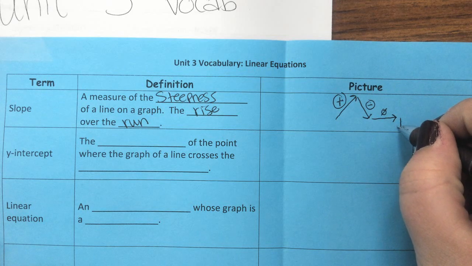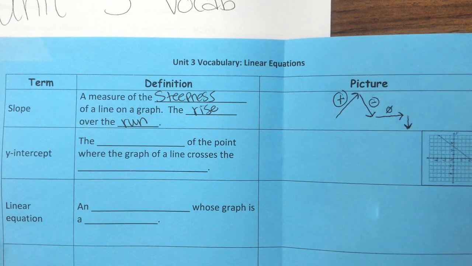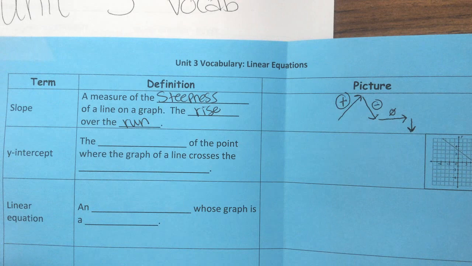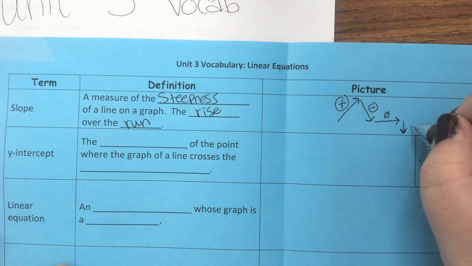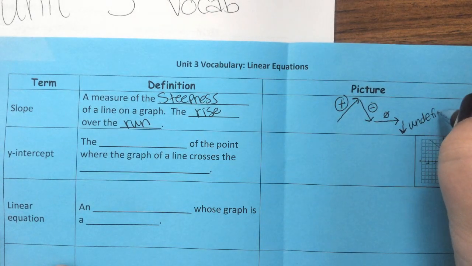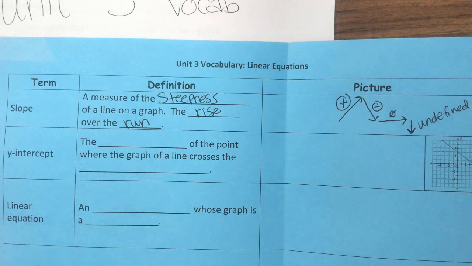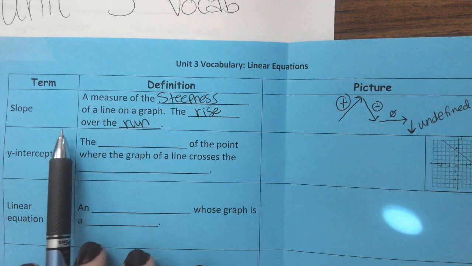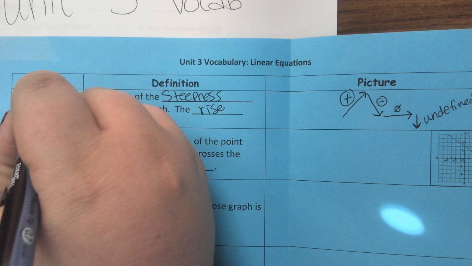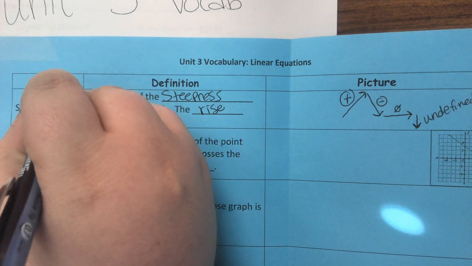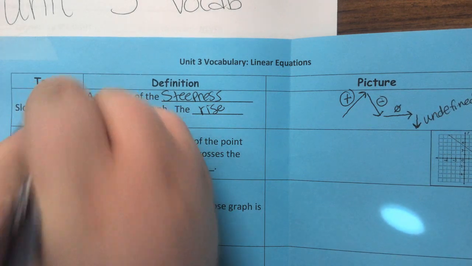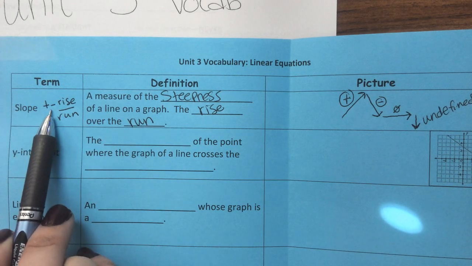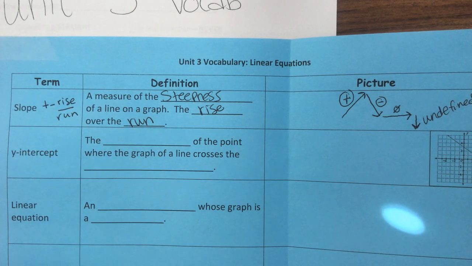And when he falls down the cliff, so frightened is he that he says the worst curse word in all of math and algebra, undefined. So that's the picture I picked to use for slope. Remember, slope is just plus or minus rise over run.